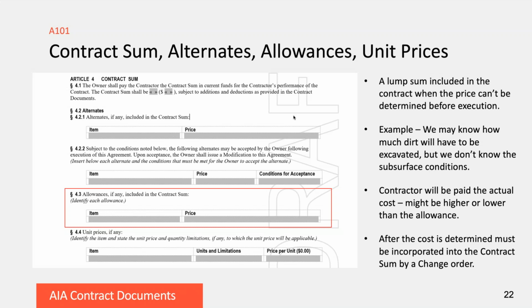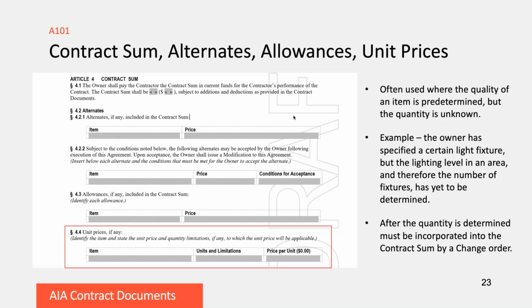Putting a number in there will get the overall sum closer to reality than leaving it out or putting it in as zero. After the fact, the contractor will be paid the actual cost, not the allowance. So it might be more than the allowance or less, and that number is then included in a contract sum by an additive or deductive change order.